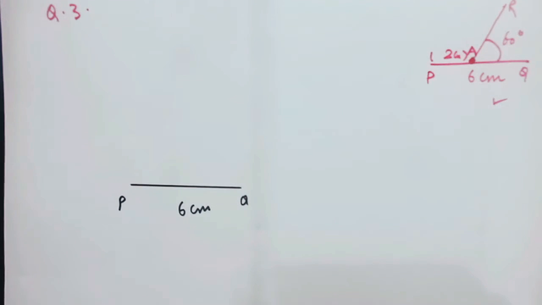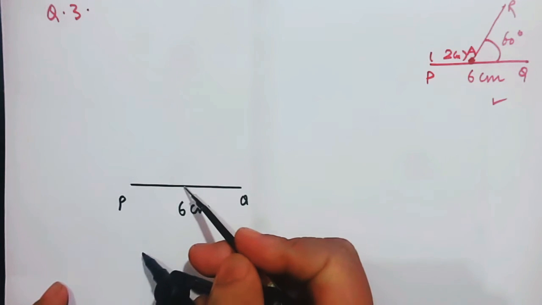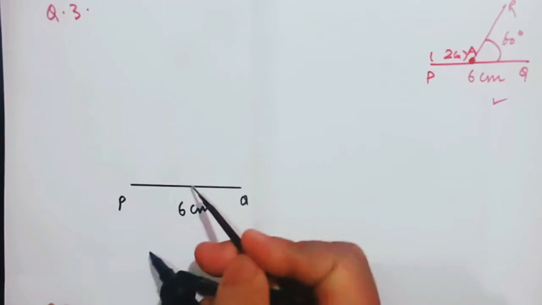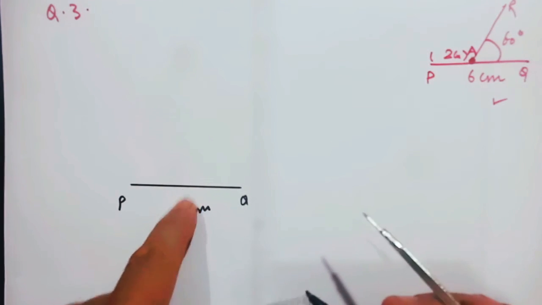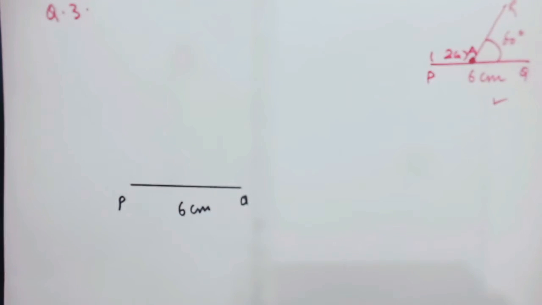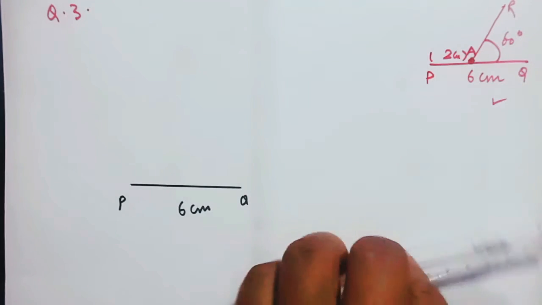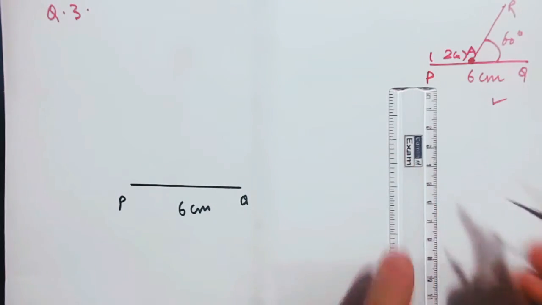Now what we need to do is find a point A on PQ so that PA is equal to 2 centimeter. Again, how to draw PA equal to 2 centimeter? We have to use our ruler. This is my ruler.